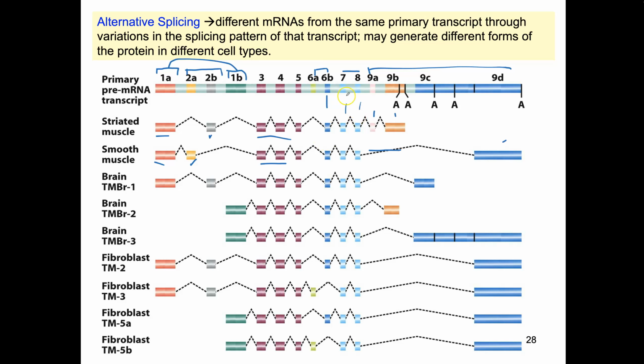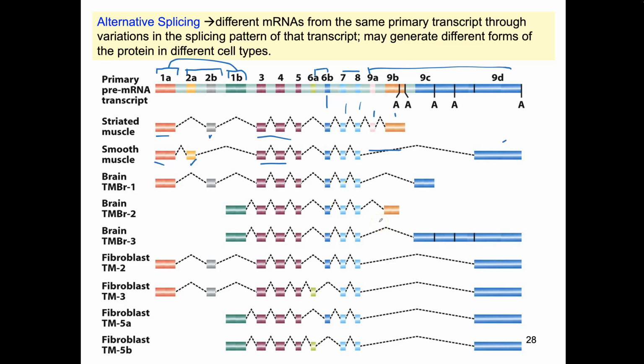And so if you just have a quick look, you can see the different combinations that are possible in different cell types. They will have different combinations of exons, and the proteins are all doing a similar job, but because the tissue is different and the proteins it interacts with might be different, you build a slightly different protein.